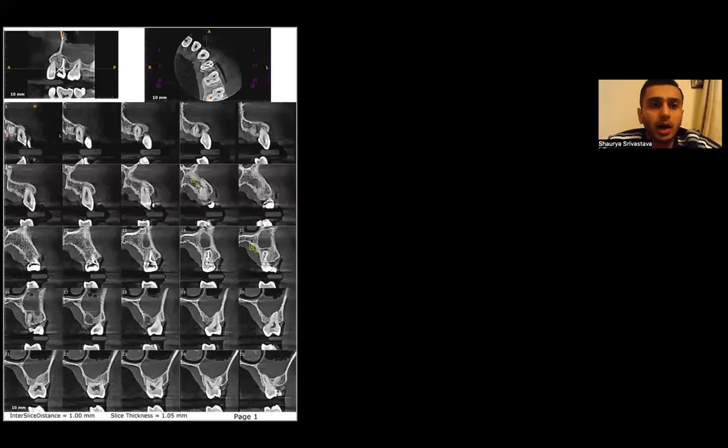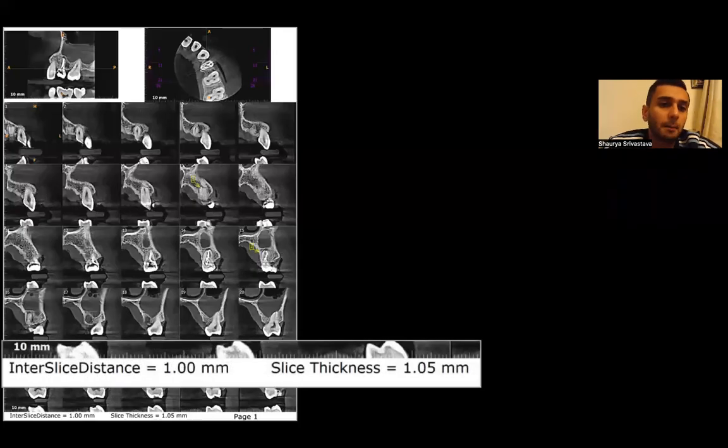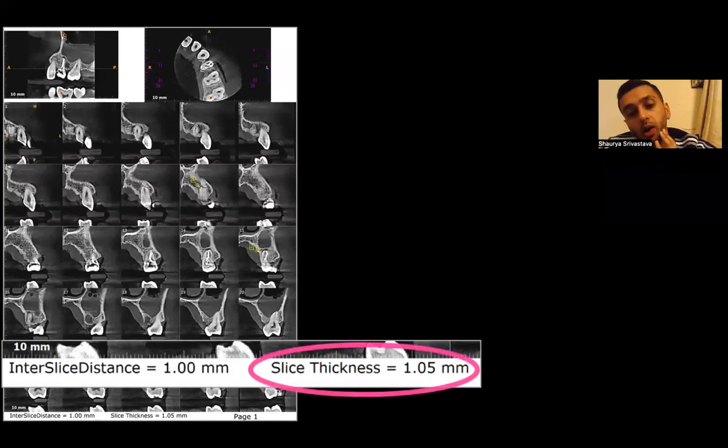Right? And this is another one here. This is another radiographic report that was sent. As I said, you should be viewing your scans on the smallest slice thickness. Here, the radiologist has sent over a report with a slice thickness of 1 millimeter, which is quite high. You should be viewing them at about 75 to 150 microns to get an accurate diagnosis.